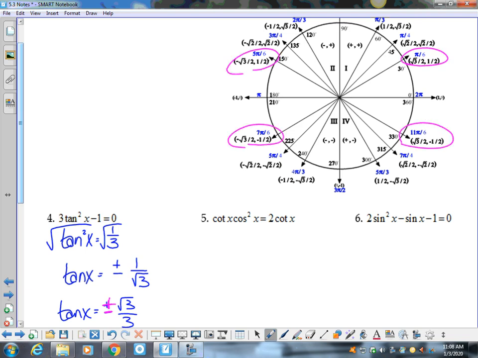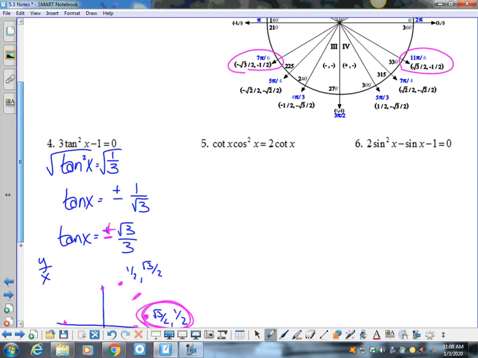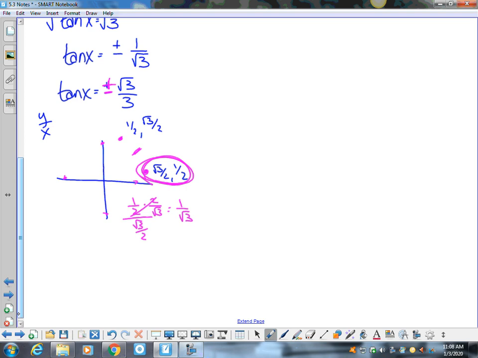I want everybody that has the correct coordinates, but I don't care what the sign is because of that plus or minus. So x is going to equal pi over 6, 7 pi over 6, 5 pi over 6, and 11 pi over 6. And I'm sorry I went out of order a little bit there.